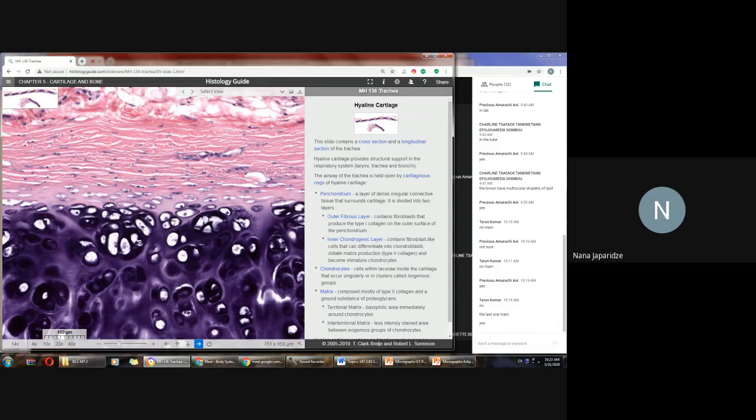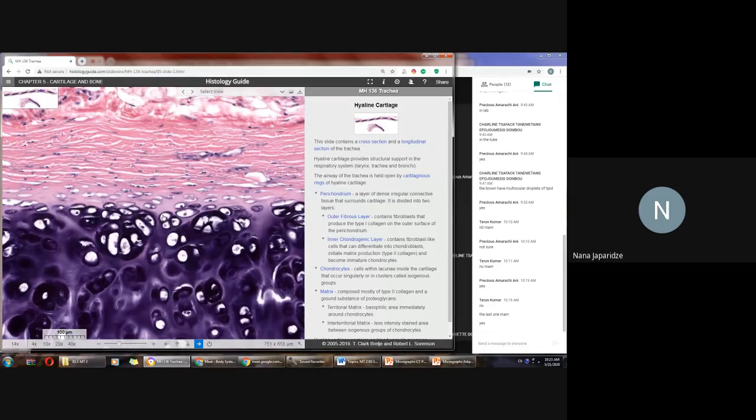These cells are a group of cells derived from such a dividing cell. And because they already start to produce the extracellular matrix, their daughter cells are hampered in isogenous groups.